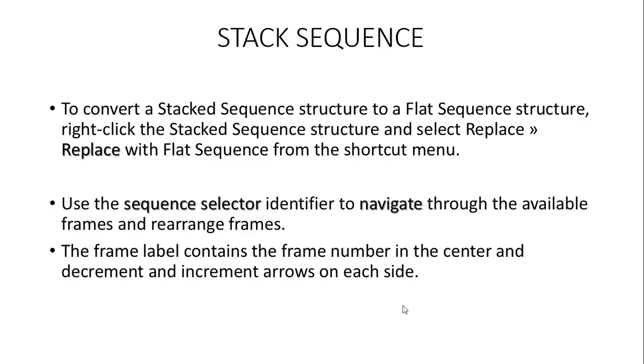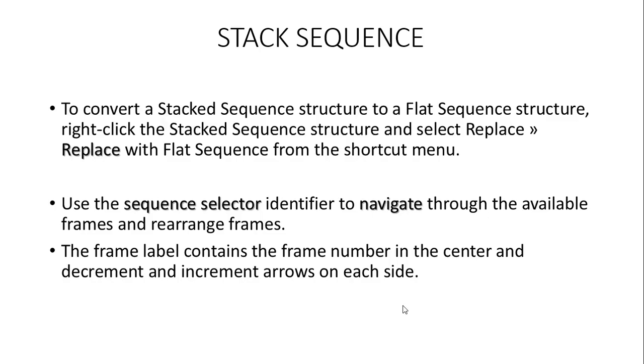The sequence selector identifies the available frames and helps us navigate through them and rearrange them. It helps us traverse the number of frames available in the stacked sequence. It is like a drop-down box.